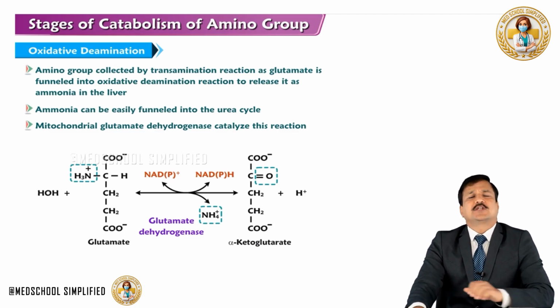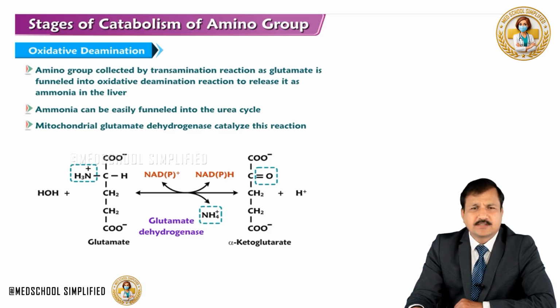The oxidative deamination of glutamate is conducted by the mitochondrial glutamate dehydrogenase enzyme, releasing ammonium ion, and the ammonium ion goes into the urea cycle, and the first two reactions of the urea cycle are also in the mitochondrial matrix.